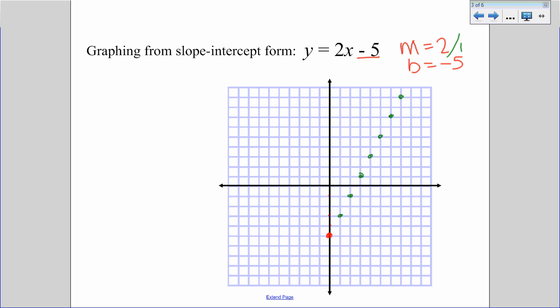But now I'm going to go down 2 and left 1, 2 negatives, down and left, make a positive. So there is my line. For our graph, notice I'm connecting it all the way across. We are putting the arrows on the end, so make sure you're putting arrows at the end of your lines.